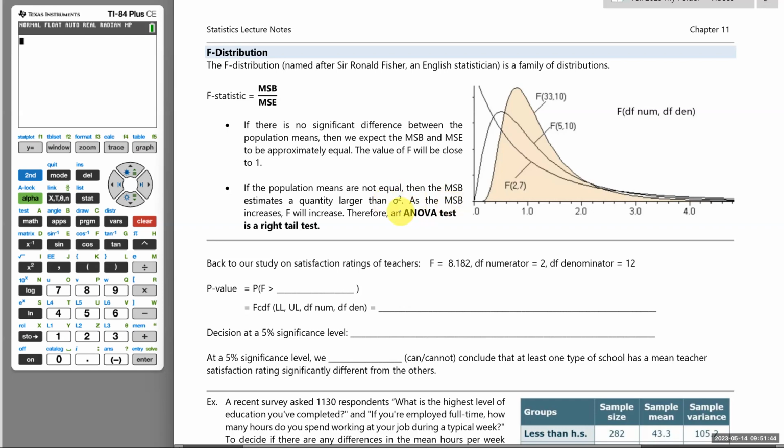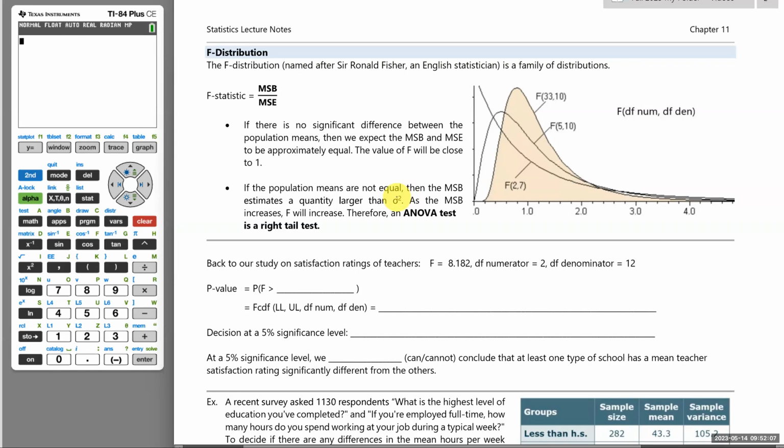So as the mean square between increases, this F statistic will also increase. So an ANOVA test will always be a right tail test because the values here will always be positive, and the larger the numerator gets, the more evidence we have that the means are not equal.